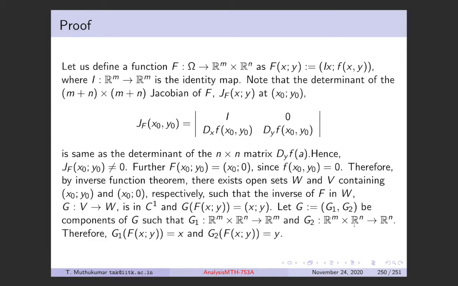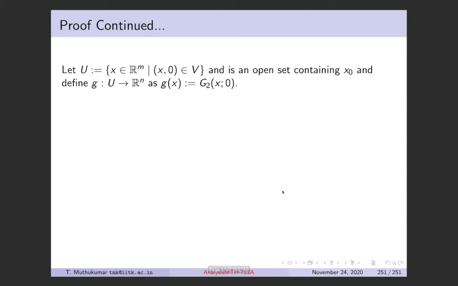G2 is a map from Rm cross Rn to Rn, right? So G2 of (x, 0) is what you define as g of x. You will see why we are defining this later. It will be very clear why this choice. That is an obvious choice to make.